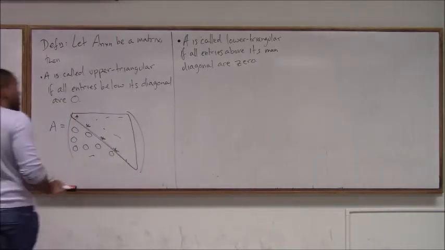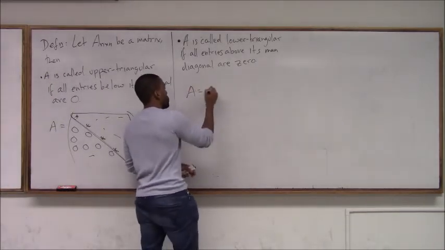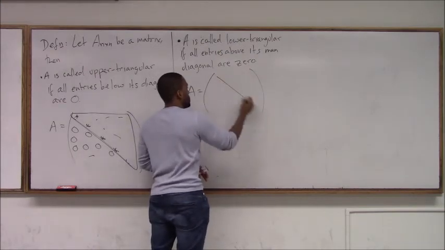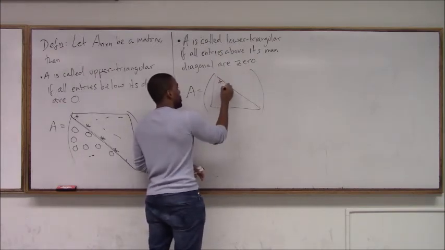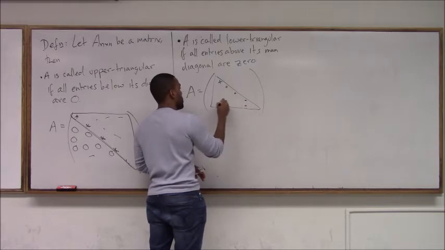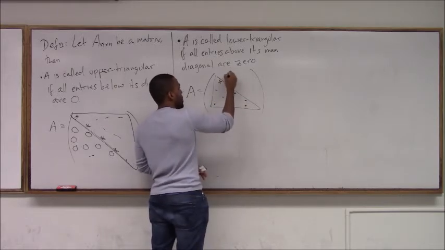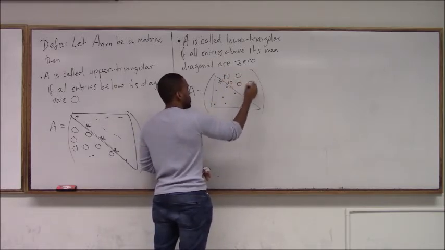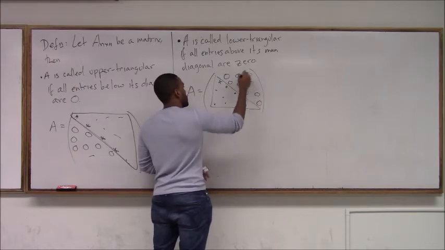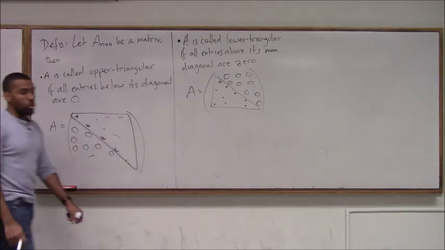That would be a matrix where here's its main diagonal. You can have any numbers populated down here, but above that main diagonal you have all zeros. That's called a lower triangular matrix.